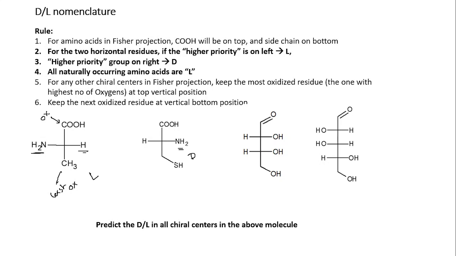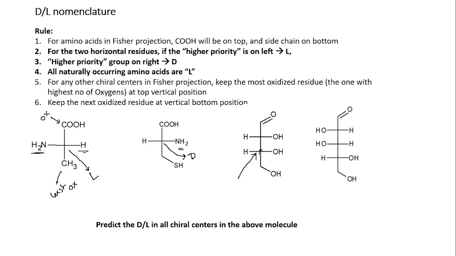This nomenclature, as we know, is applicable for this carbon only. When we are talking about molecules like carbohydrates, when we want to name the molecules with D or L, we always talk about the penultimate carbon, or the last chiral center.